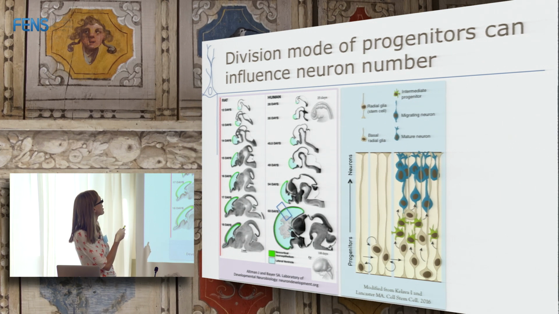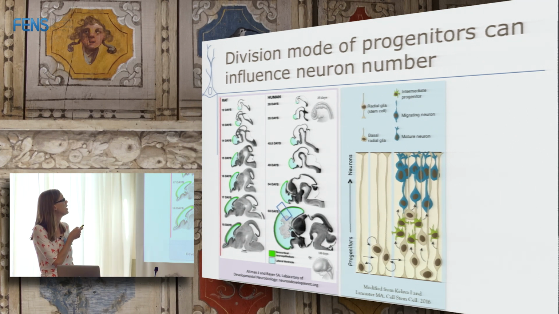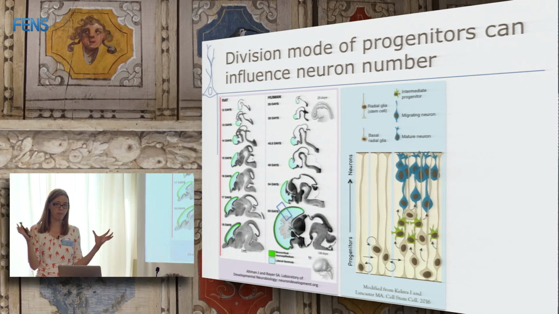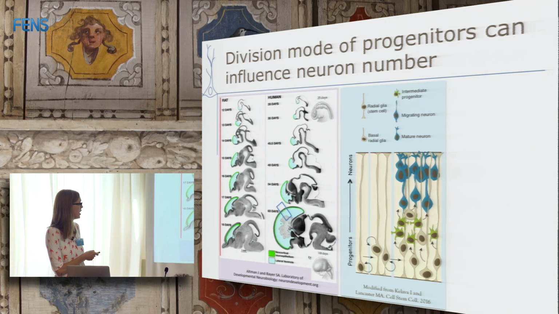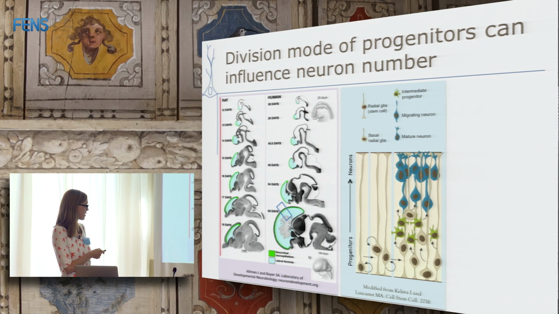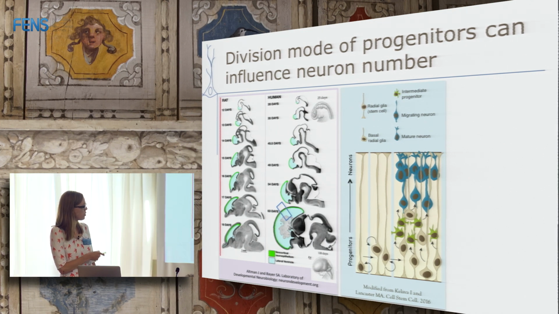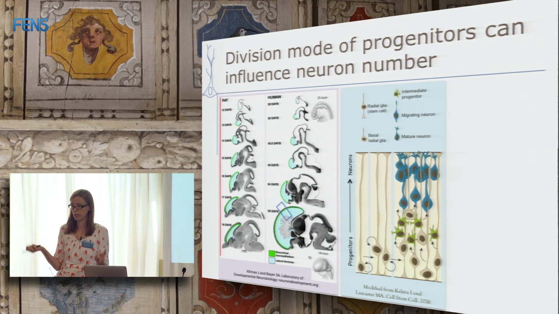So if you look at stage-matched rodent brains, what you find is that initially they look really quite similar, but then at a certain stage, the rodent cortex really stops expanding in that tangential dimension, and actually it starts thickening in this radial dimension, whereas the human brain, as you can see, is really ballooned out.